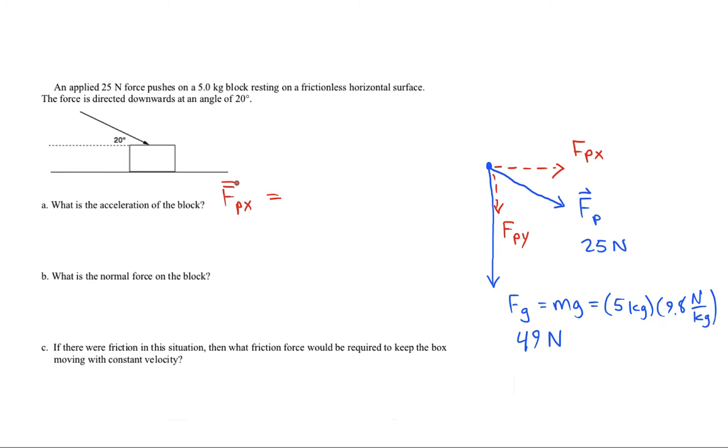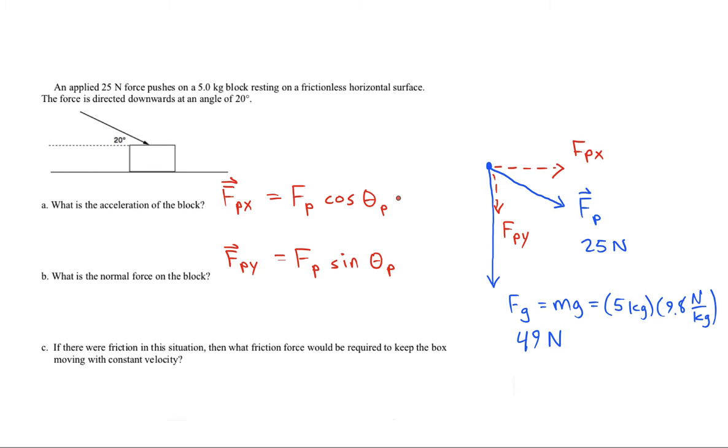This time, I'm going to use the full vector form of the components. The way that works is we do the magnitude of the push times cosine of the angle of the push for the x component, and the magnitude of the push times the sine of the angle for the y component.